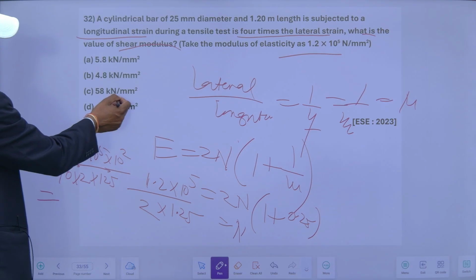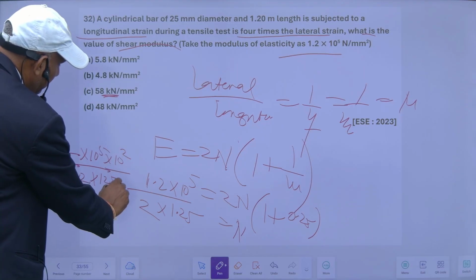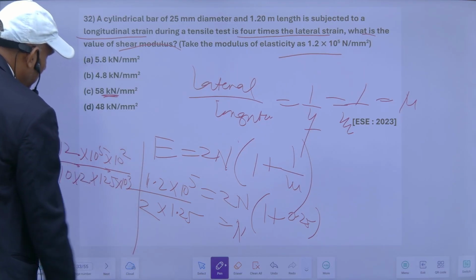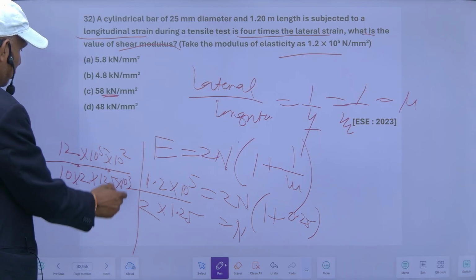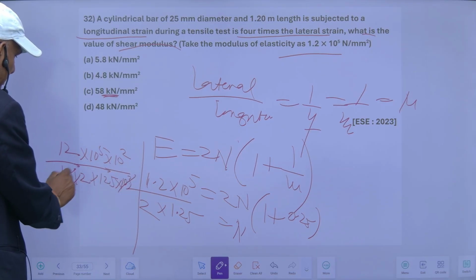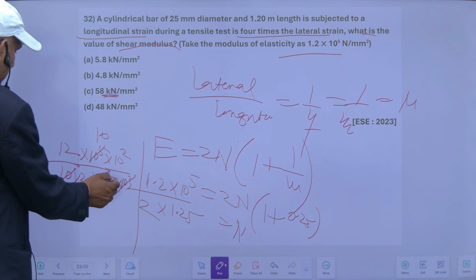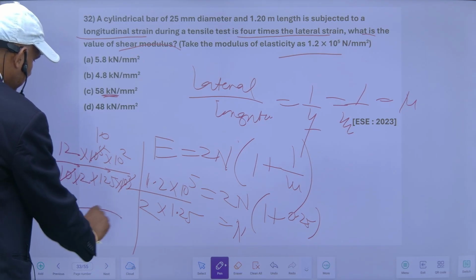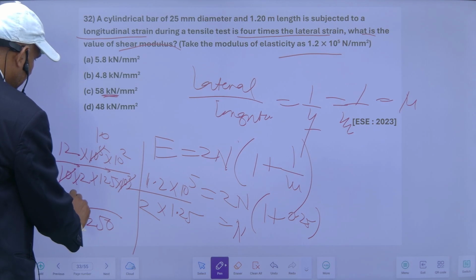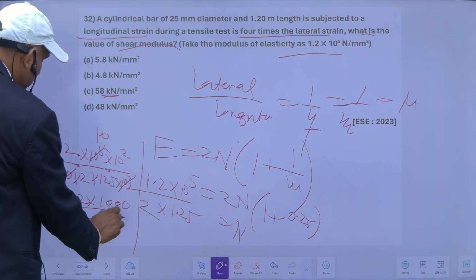It is in kilonewton per mm square. So this is in Newton. So kilonewton means further you have to divide it by 10 raised to the power 3. 12 into 1000, this will be 4.